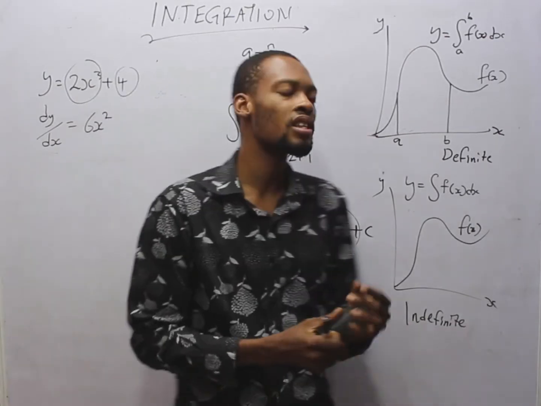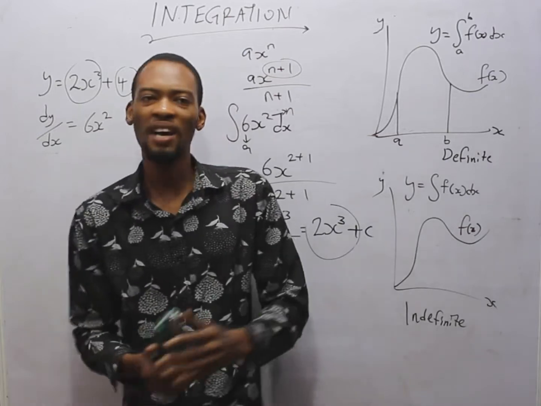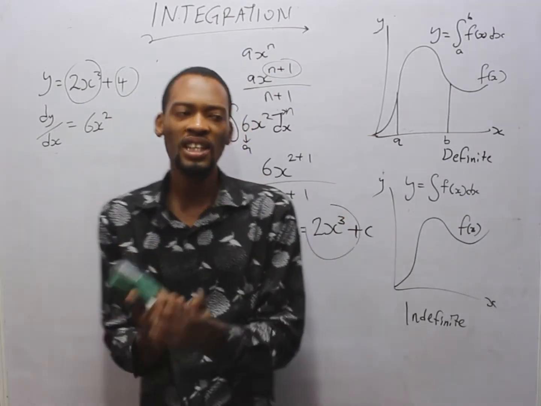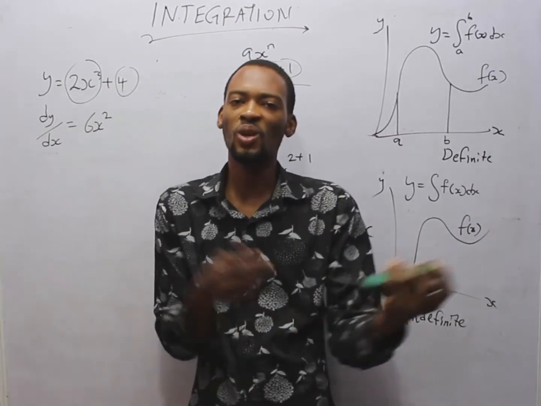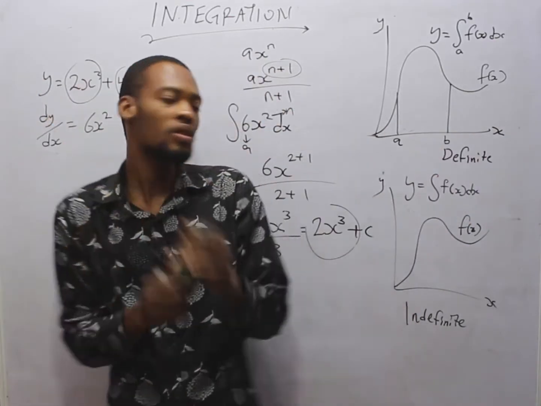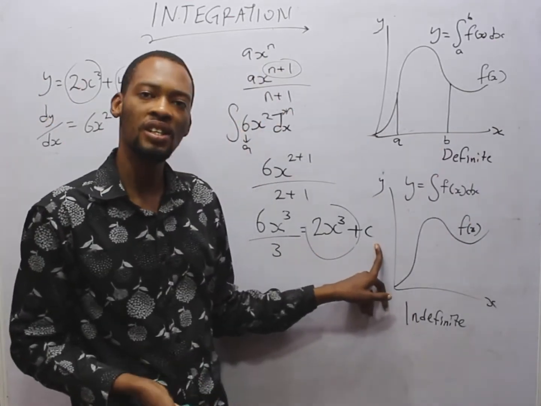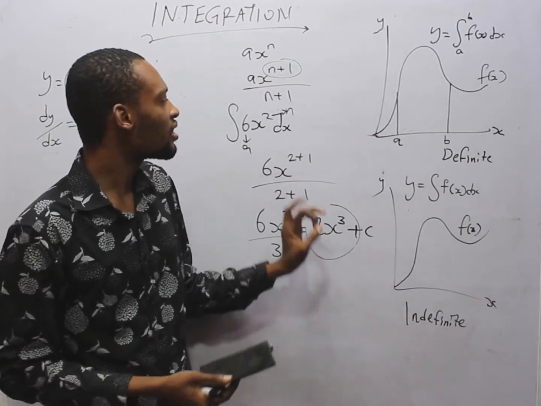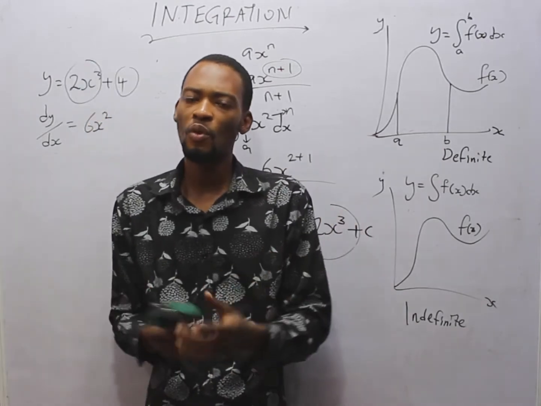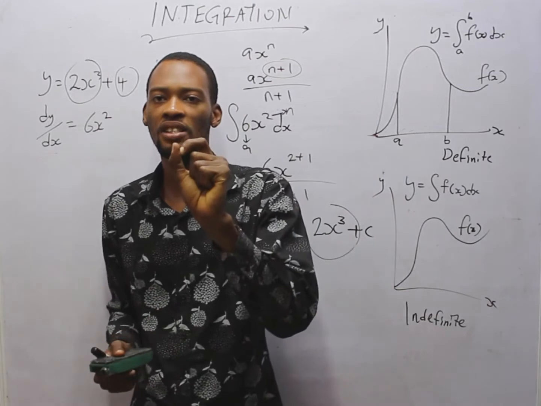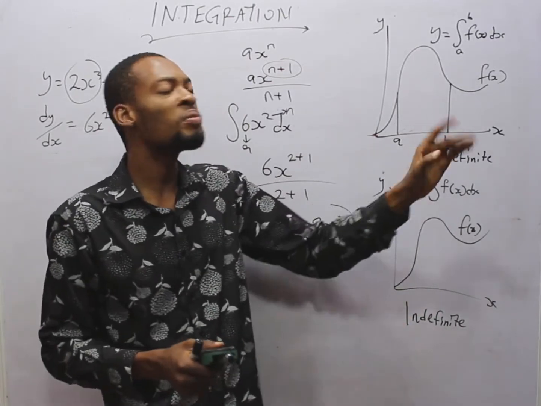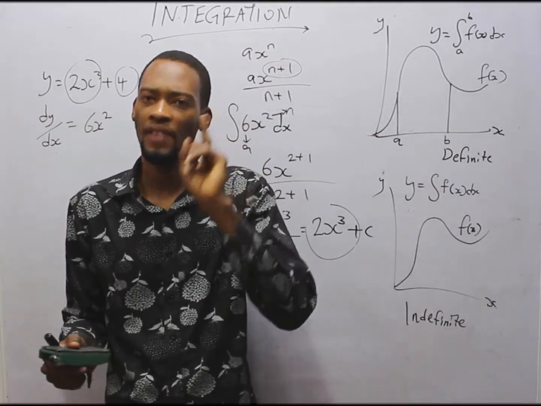So integration is the converse of differentiation. When you differentiate a constant, you get 0. To account for the constant that was lost during differentiation, we add plus c after integration. And this only happens when we are given indefinite integrals. For definite integrals, we are able to solve for the constant that was lost.